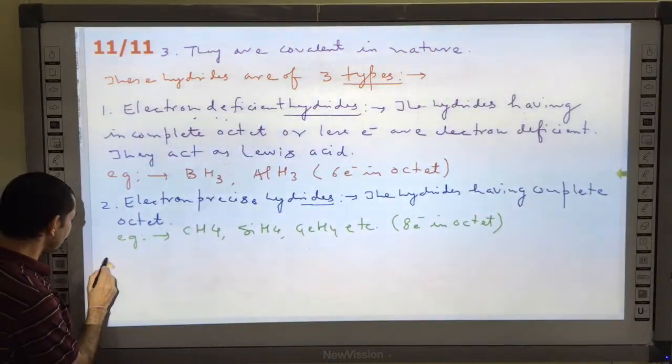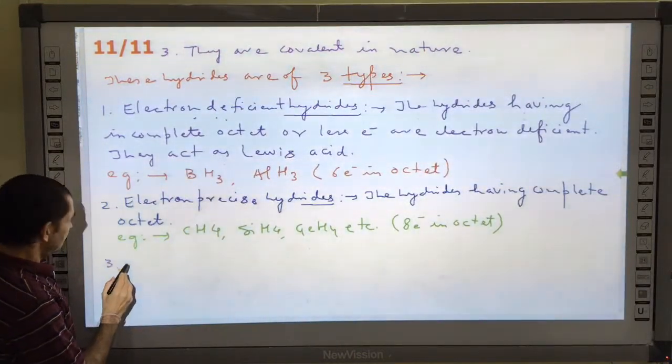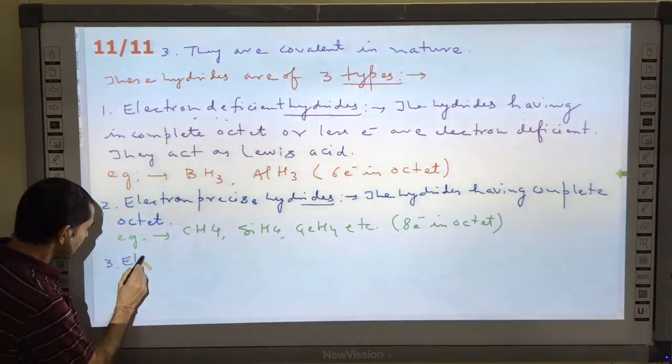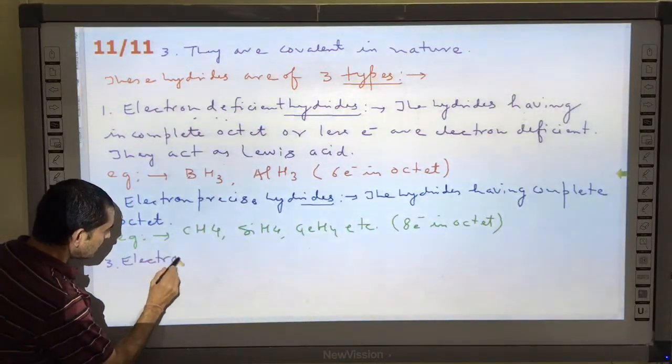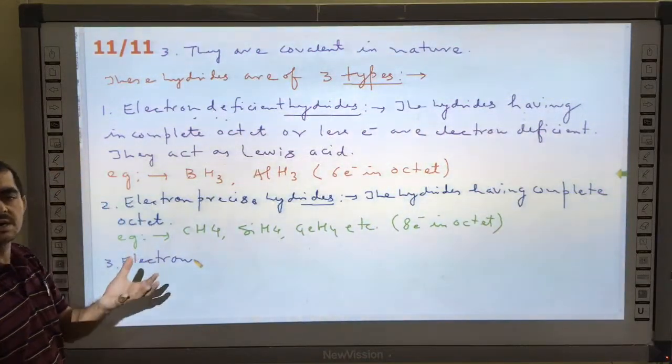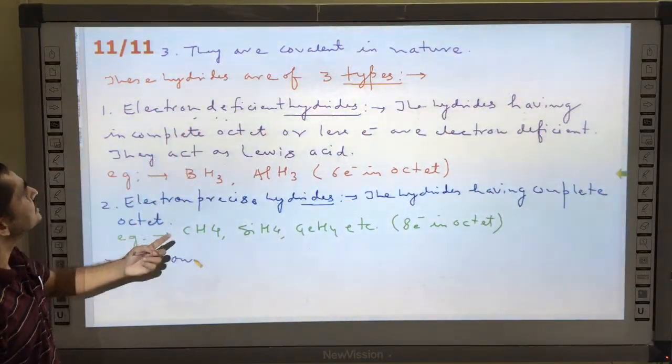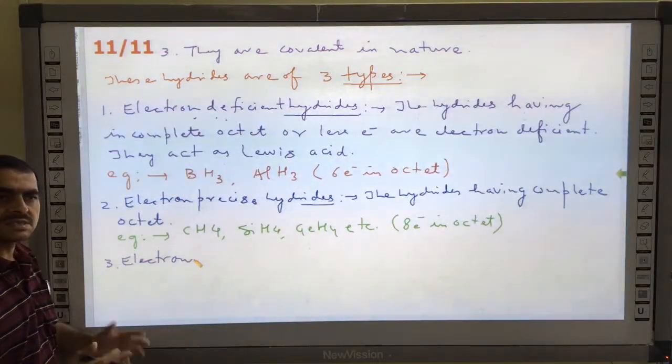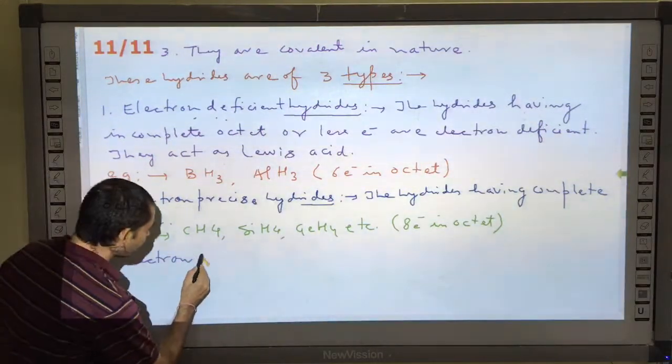And last, number third, the hydrides with excess electrons. They are electron deficient, electron precise, and electron excess.